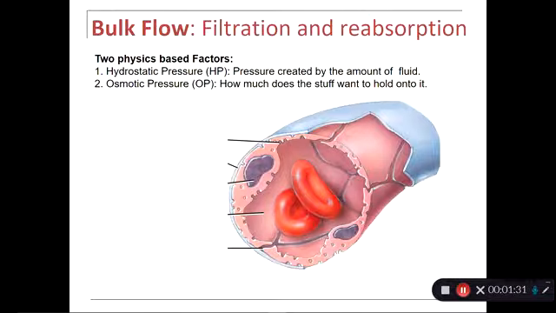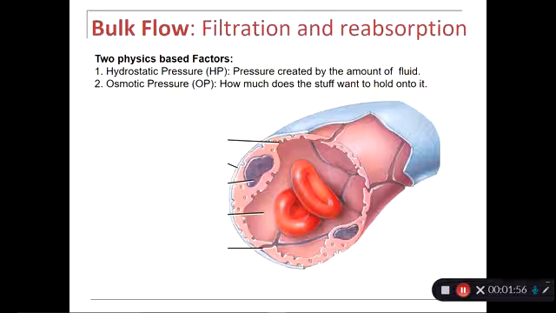Bulk flow, well, there's a couple of things that we're running with. It's really the filtration and reabsorption. And there's two physics-based factors that are playing with it: the hydrostatic pressure and the osmotic pressure. Hydrostatic pressure is, for a lack of a better way, that blood pressure really pushing on that water, pushing it in.